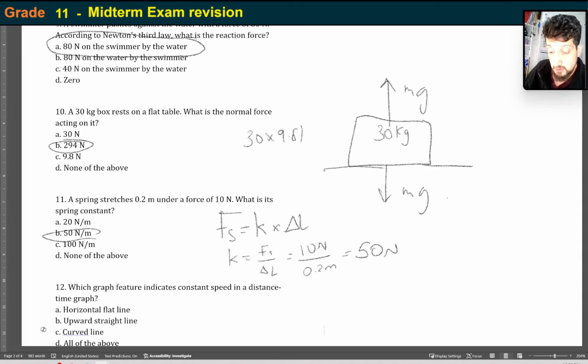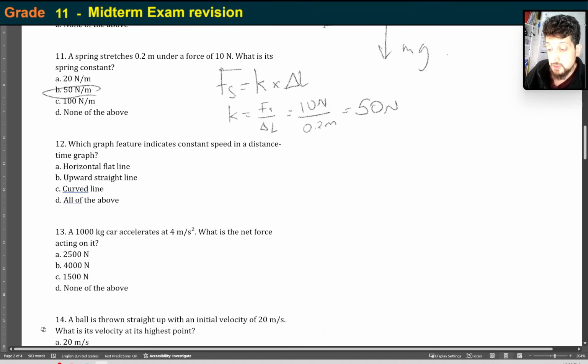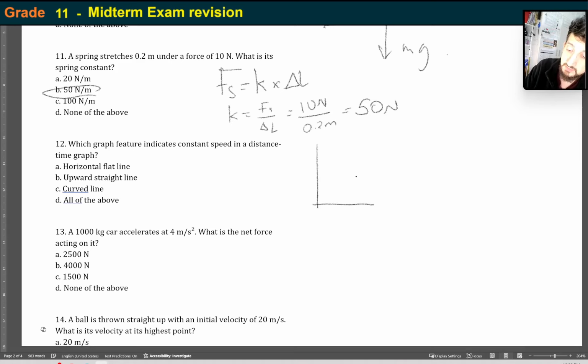Okay, let's keep going. Which graph feature indicates constant speed in distance time graphs? Constant speed. So distance time graphs, I'm just going to draw some of those features. If I have something like that on a distance time graph, it means it has stopped at that position, right?